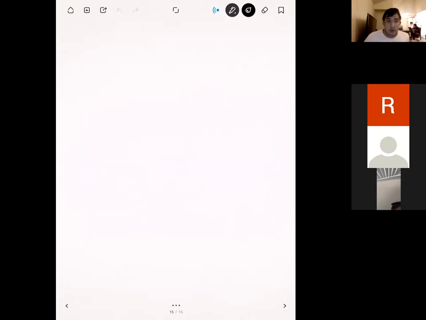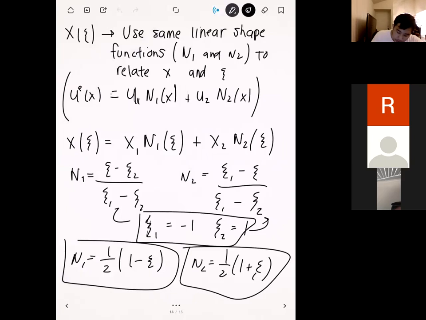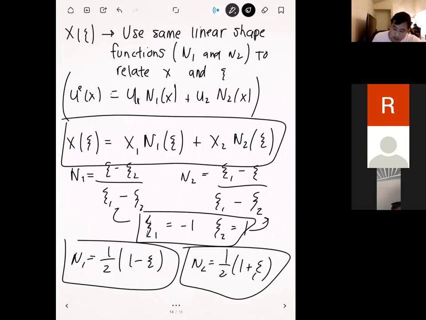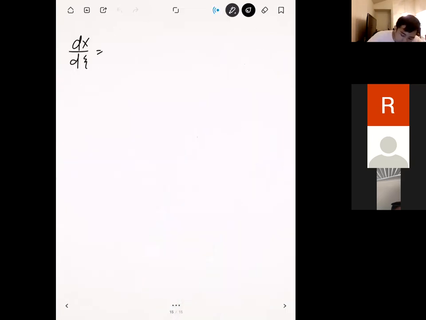One quick thing before we end today is I want to show you how to compute the Jacobian. The Jacobian is nothing more than dx d zeta. Because we've formed this relationship between x and zeta using the shape functions, we can use this exact same expression to find our Jacobian. So dx d zeta is just x1 dn1 d zeta plus x2 dn2 d zeta.